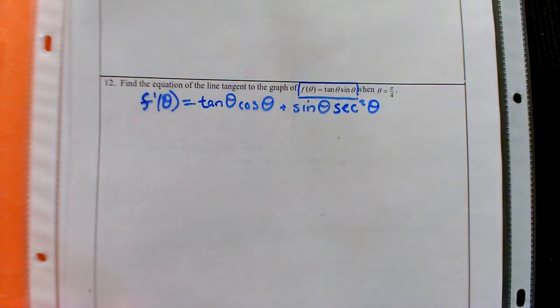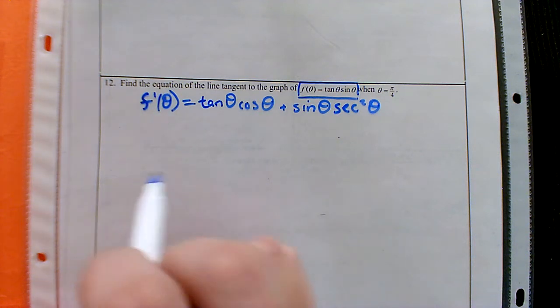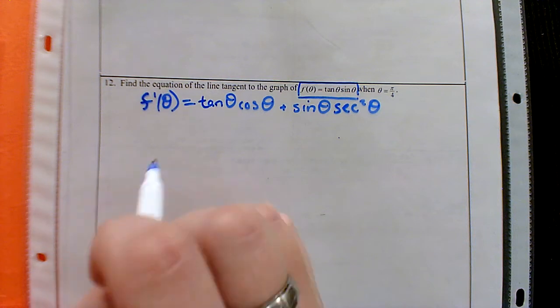So there's our derivative. Do you want to leave it like that, or try to clean it up a bit? I think that's okay, we can do it the way it is.